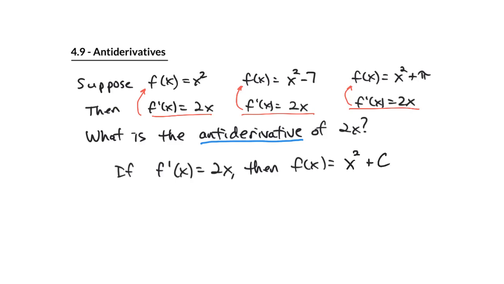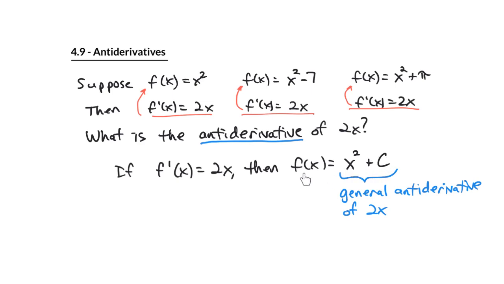And this is called the general antiderivative of 2x. So general meaning it's this form, and there are actually an infinite amount of these antiderivatives of 2x, just depending on what c is. C could be any constant. So c stands for a constant.